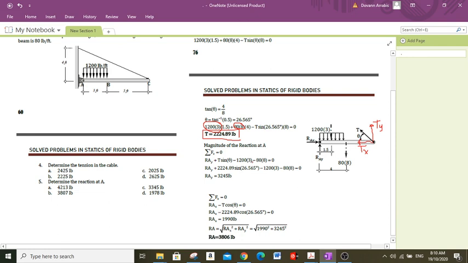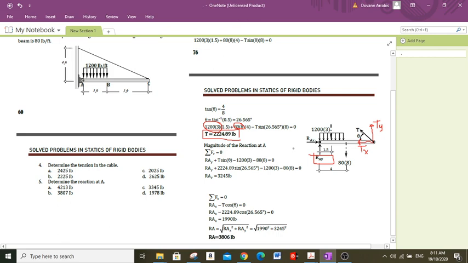other two equations of static equilibrium: the summation of forces vertical and the summation of forces horizontal equal to 0. Using first the summation of forces vertical equal to 0, we have RAY, vertical force, positive.